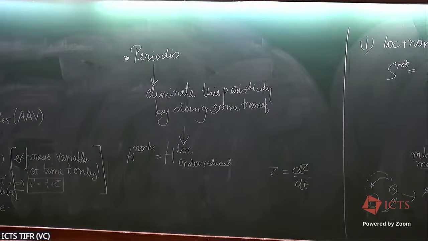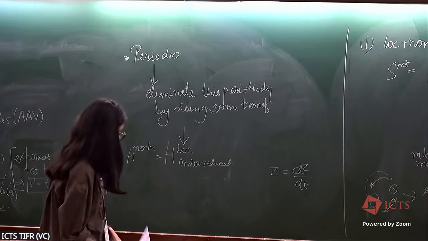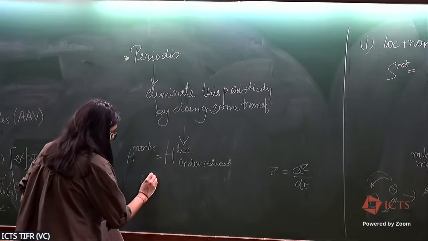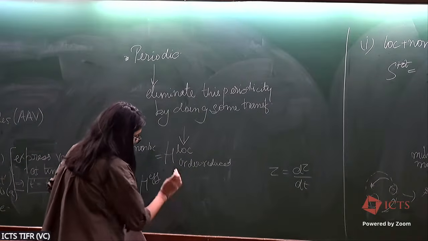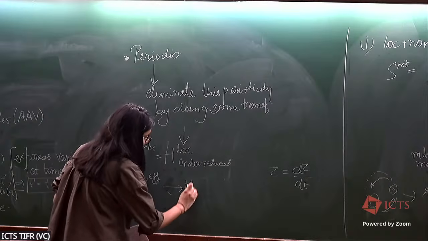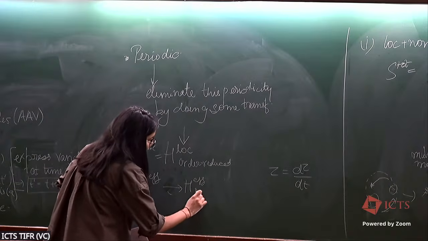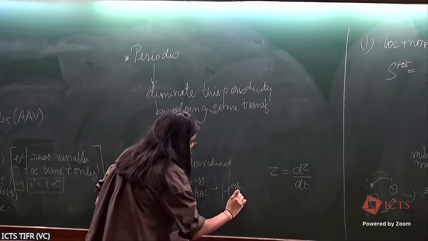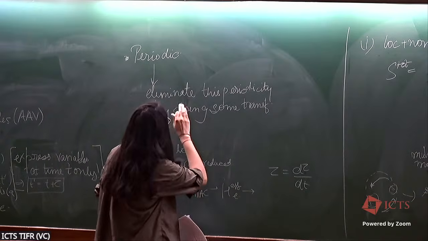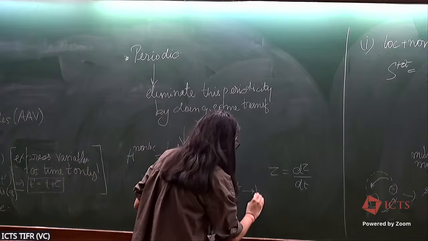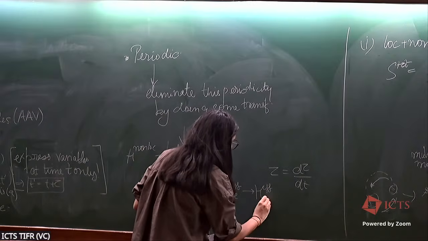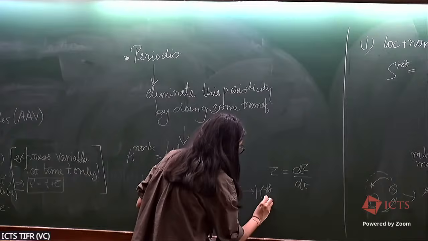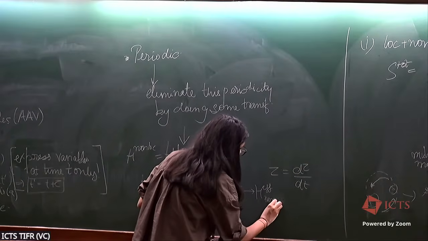I can express it in terms of the action angle variables, then do the expansion in eccentricity, and then I will obtain H effective in terms of action angle variables, and then in terms of eccentricity, eliminating the period. So I should be able to obtain the H effective non-local here as well.